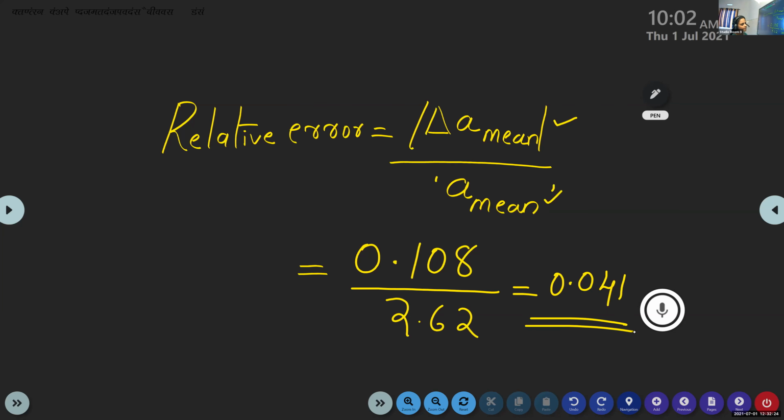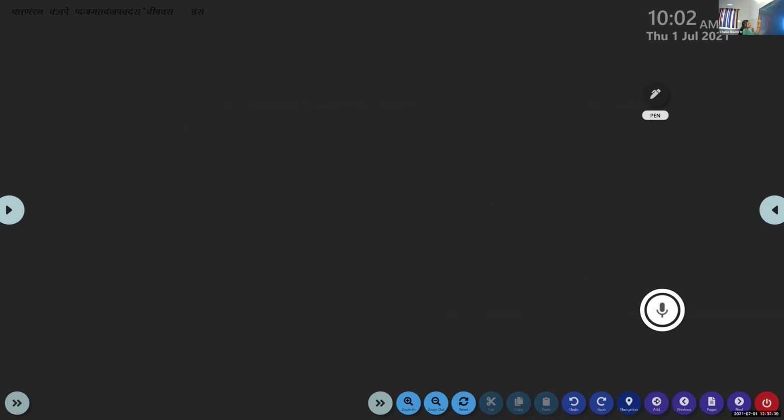What's the next step? Percentage error. Very good. We want to calculate the percentage error. And what is the equation for calculating percentage error?